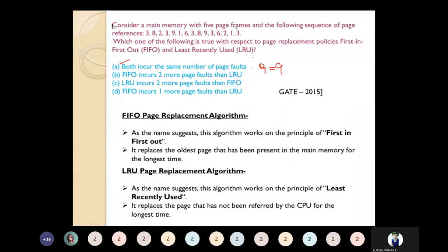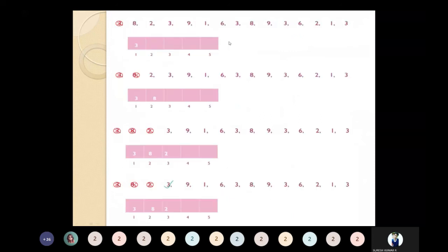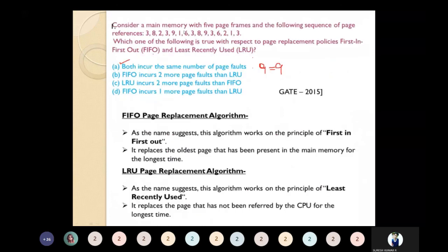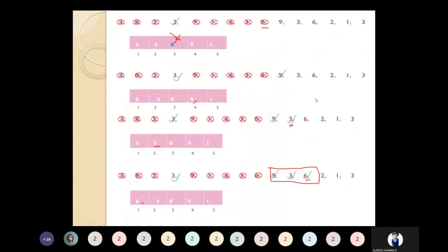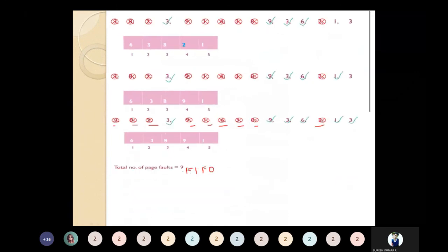If we solve the same question with 7 page frames, the page faults also increase. Now it is 9 faults for 5 page frames, and there are 11 faults for 7 frames. So you get the idea.